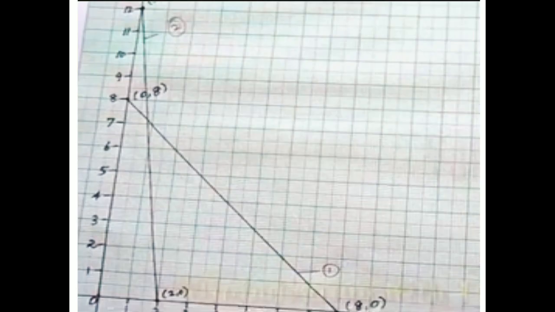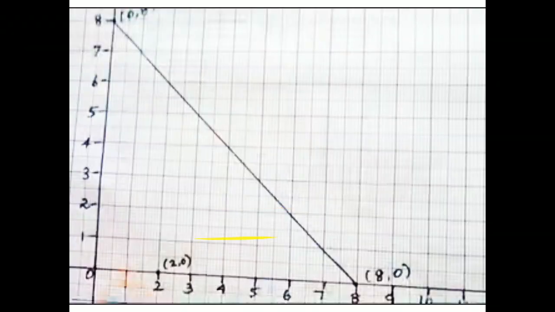So the set of points are for x1 is equal to 0, x2 is equal to 12, and for x1 is equal to 2, x2 is equal to 0. These are the set of points. Now I will be plotting this set of points on the graph, and I will be joining these points to get the line for the equation 6x1 plus x2 is equal to 12.